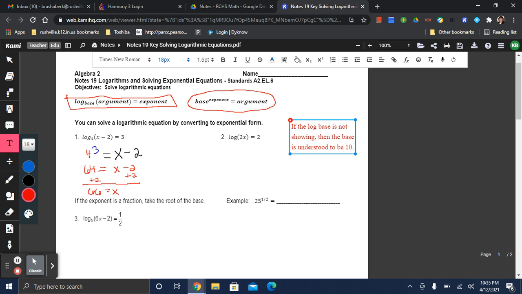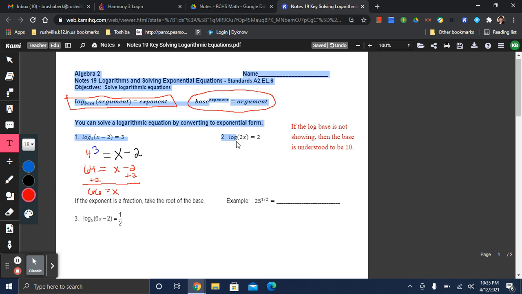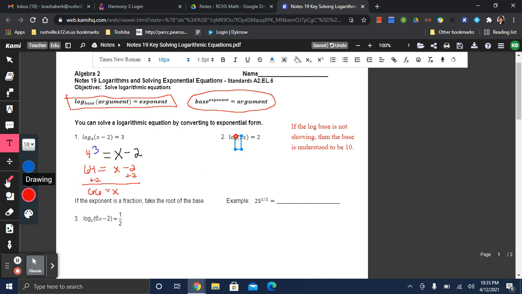And so on this next problem, you have log with no base showing of 2x equals 2. So that means that the base of this logarithm is 10.